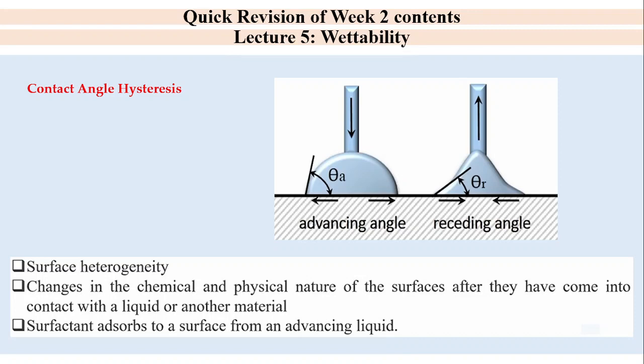It mainly focuses on surface heterogeneity, the change in the chemical and physical nature of the surfaces after they have come into contact with a liquid or another material, as well as the adsorption of surfactant to a surface from an advancing liquid.